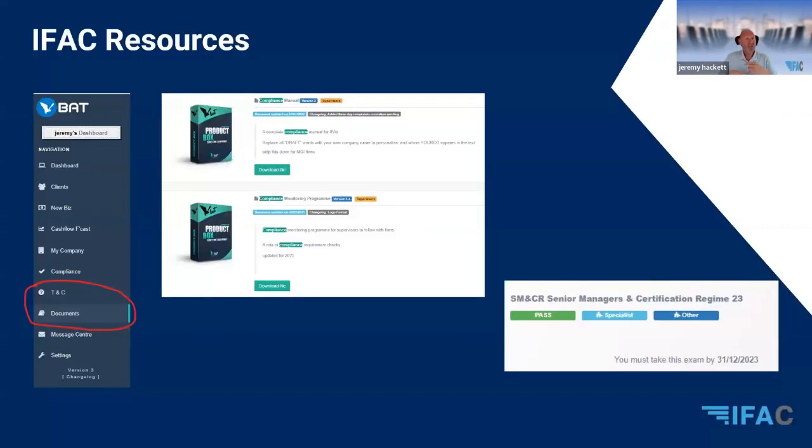So I said that I would just share with you, before we finally close, where to access some of this information. If you just go into the BAT system as normal, if you look under the documents section, there are a couple of places to go there. Firstly, there is a compliance manual that is really good. I had a look at it yesterday.